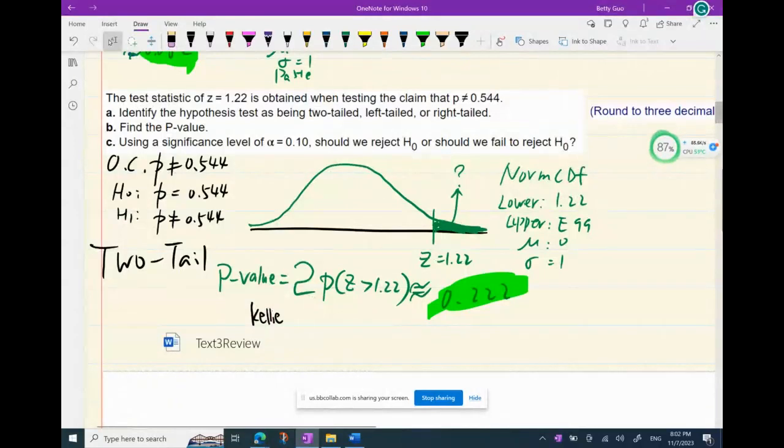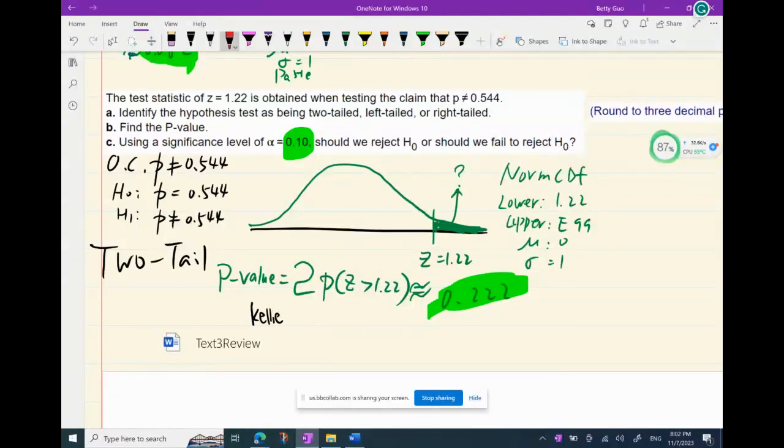And that's the p-value. Proceed using a significance level of 10% to decide on rejecting or failing to reject the null. Our significance level is 10%, 0.1. Our p-value is pretty high, 22%.